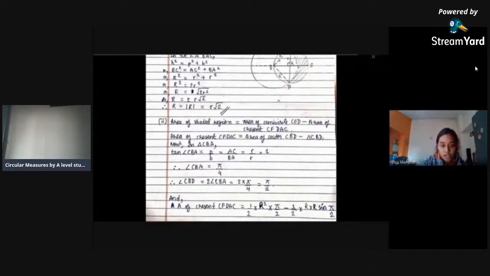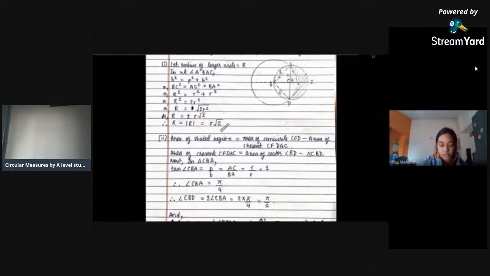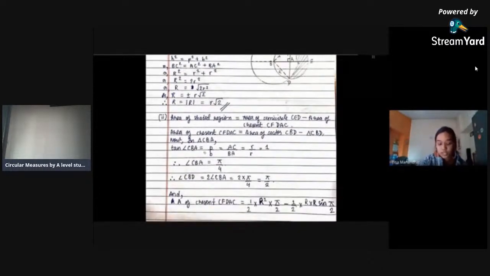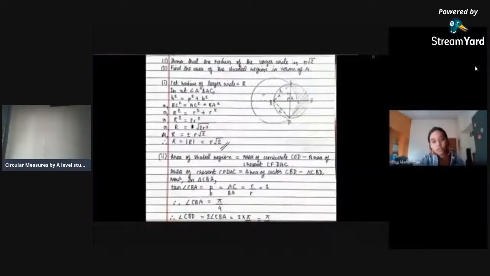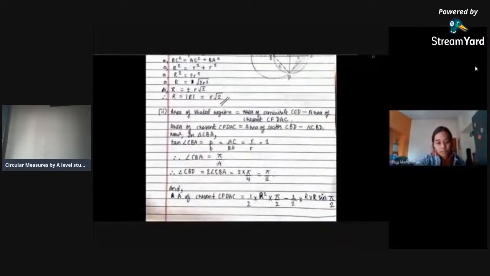First in triangle CBA, the small triangle CBA, we will find the angle CBA using tan. Angle CBA equals perpendicular by base, which is AC by AB, and we solve it to get 1. And then solving it, we will find angle CBA is equal to pi by 4.